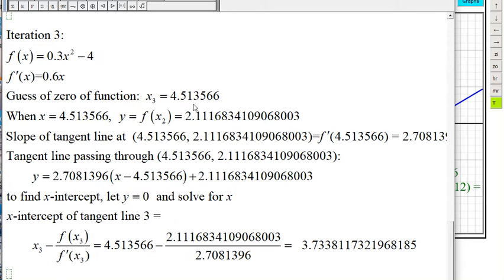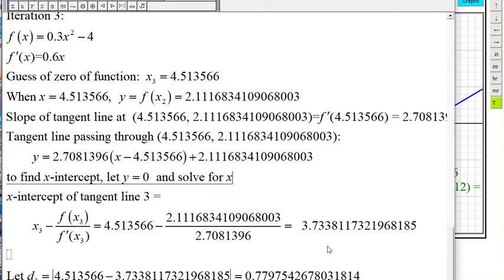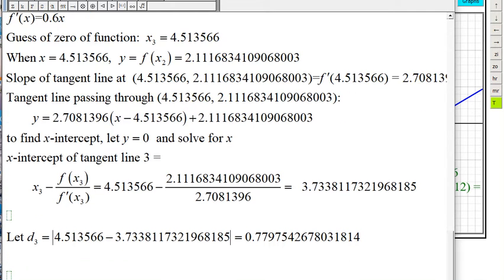And now we want to compare this 4.5 with the 3.73. And that difference is 0.7797. And what's going to happen is we will continue on to the next iteration until the difference is really small, like 0.000 something. And then we would stop.